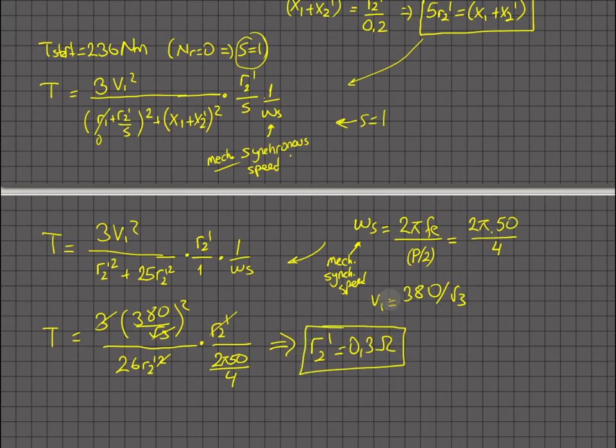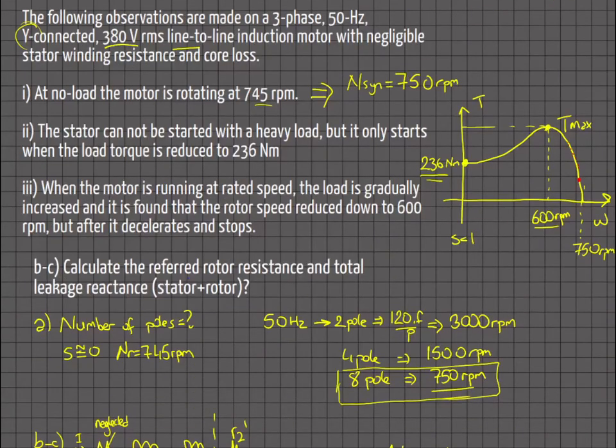And X1 plus X2 prime are 5 times that value, so I can write X1 plus X2 prime is equal to 1.5 ohms. Okay, so we completed this part, so let's move on to the next part.